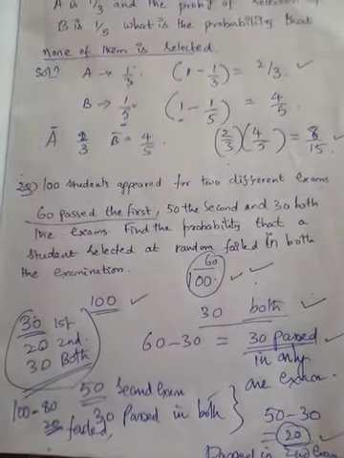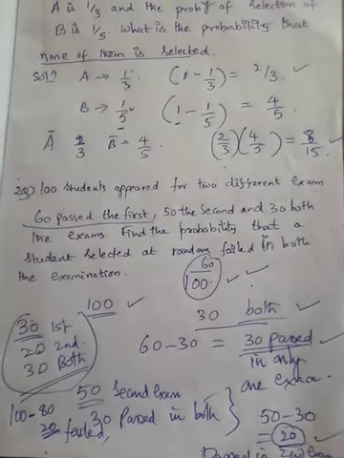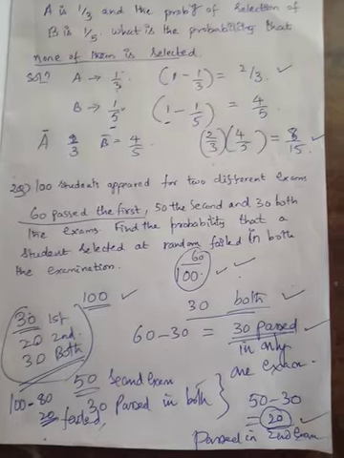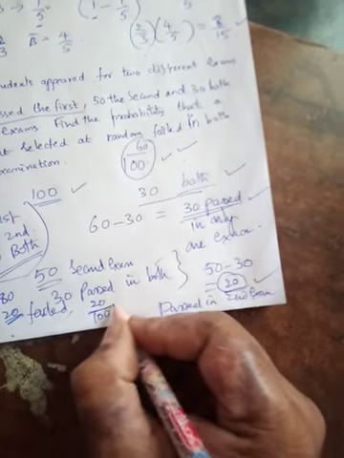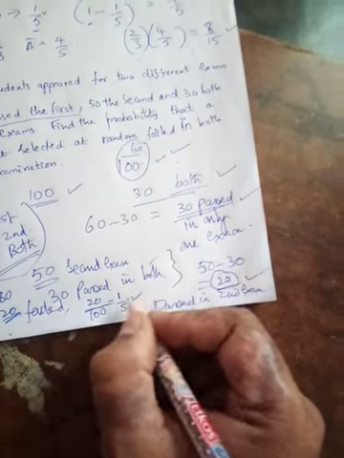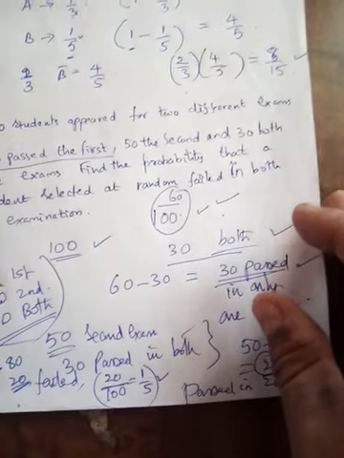Total it is 80. So 100 minus 80 gives 20 failed in both the examinations. If you go for the probability here, 20 out of 100, that is nothing but 1 by 5 is the answer. The probability that a student selected at random failed in both the exams is 1 by 5.